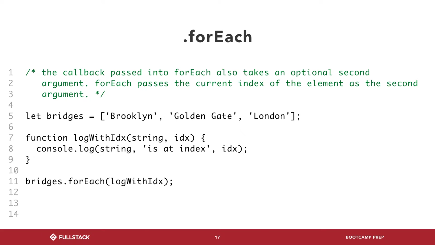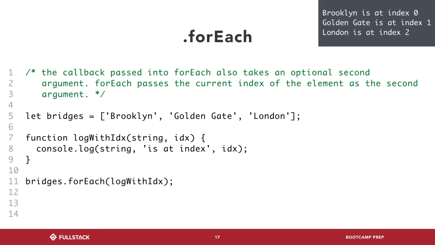On the next example here, same exact array, except now our function is called logWithIdx, and we take in two arguments, string and index, and we console log out string is at index idx. Now when I pass in logWithIdx, what I get printed out is Brooklyn is at index 0.